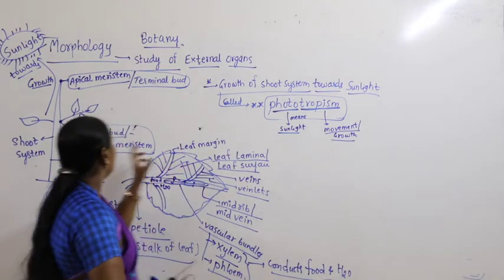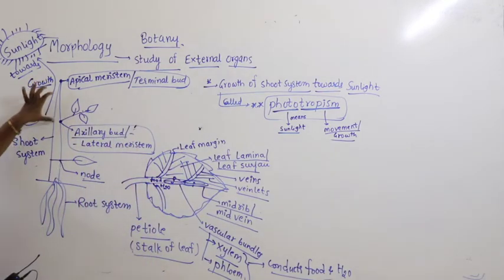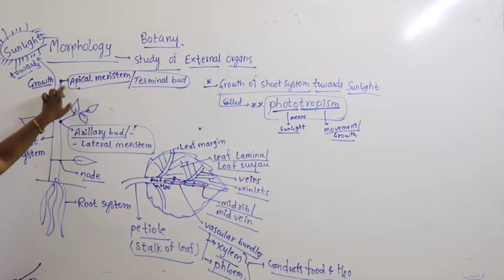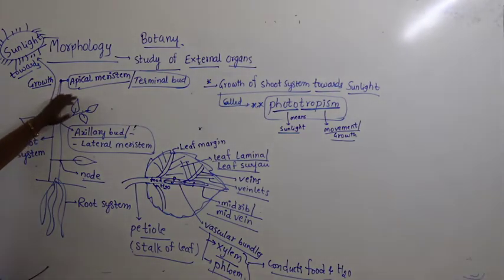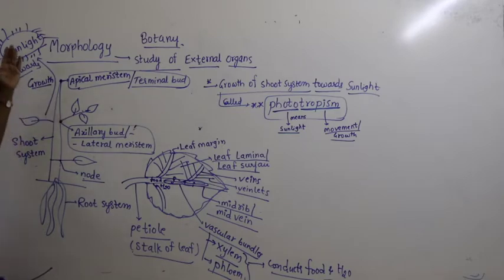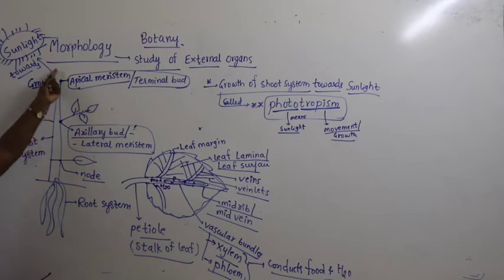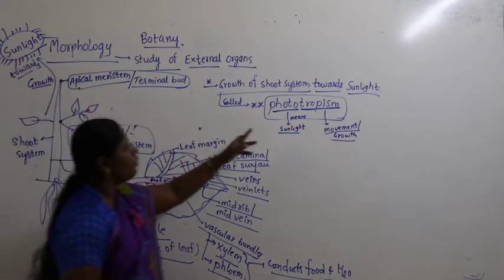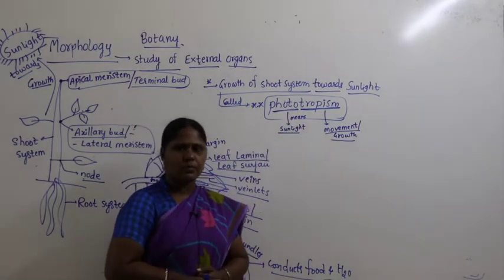So, here growth of the shoot system, at the tip it is growing, the growth of the stem is taking place towards the sunlight. When the shoot is growing towards the sunlight, the growth is called movement, growth is called trophism, and sunlight is referred to as photo. So, it is called phototrophism.